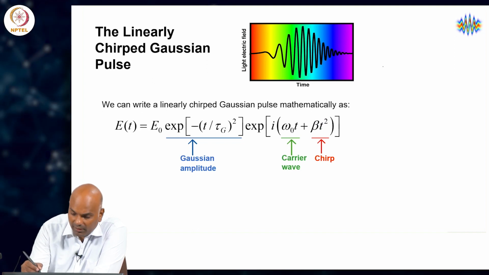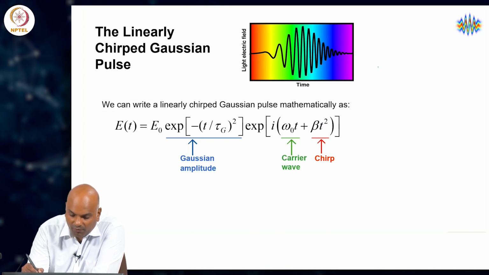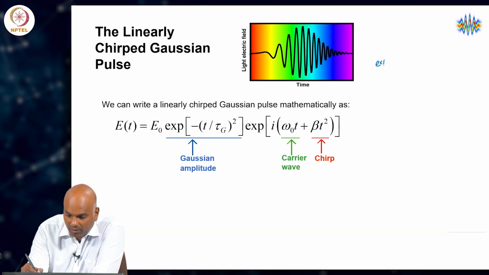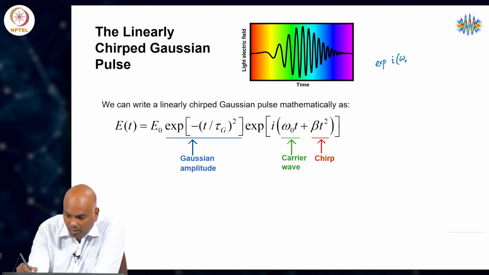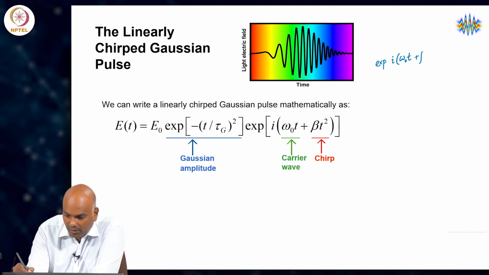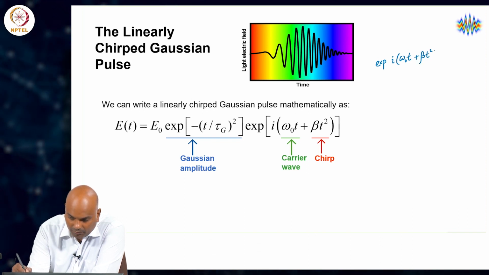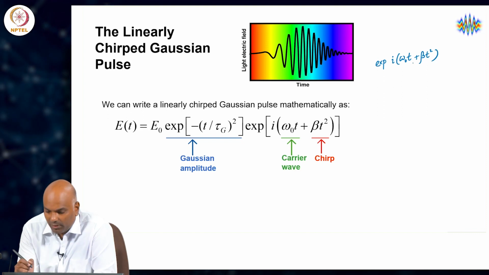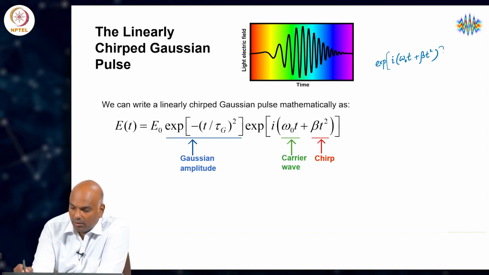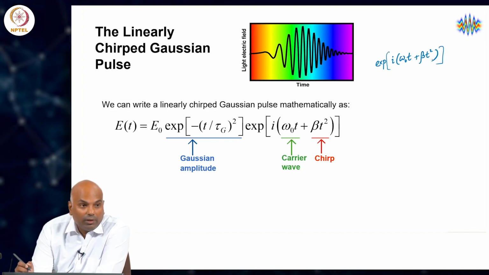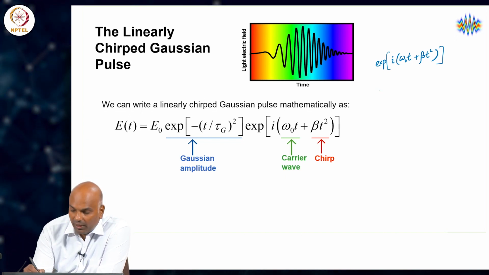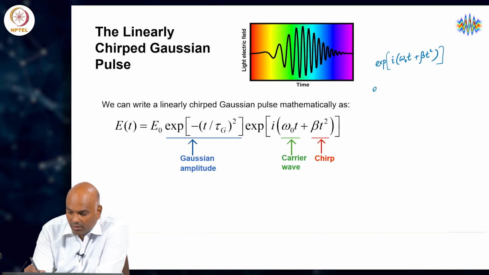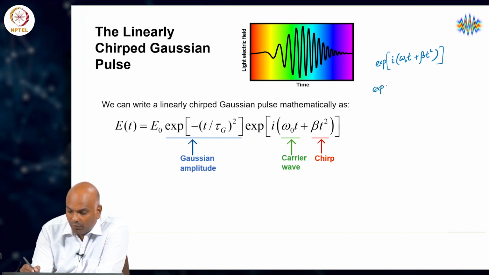So, we can take this sort of composite view of the exponent of i omega naught t plus beta t square, this is the phase part of this function. We can essentially treat this the following way.